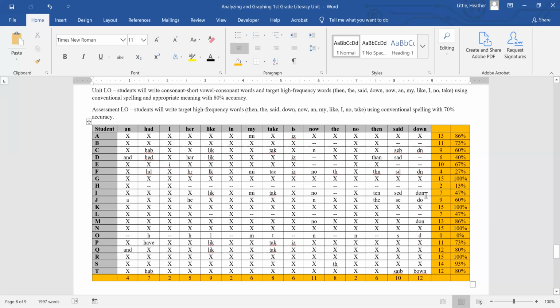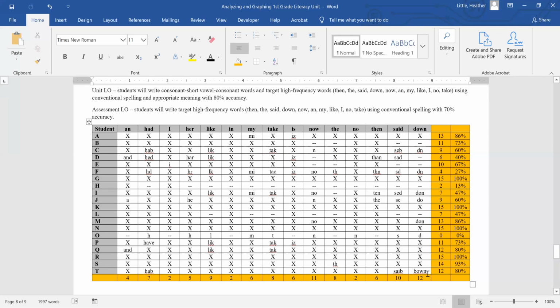And then we have a DON, a DO, a DON, and these students are struggling with that OW, which is a tricky letter combination in the middle of this particular word.